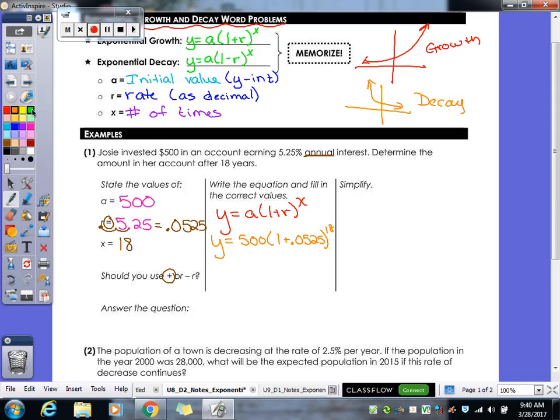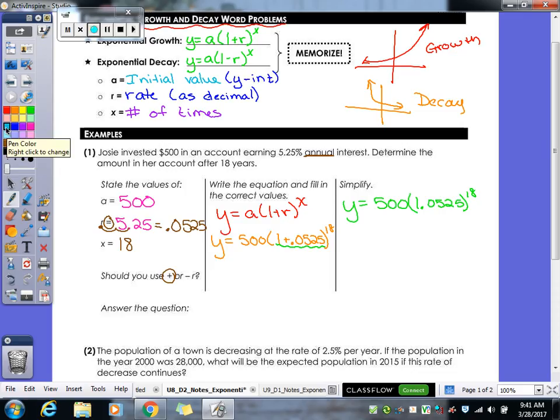So what I want you guys to do first, and I will explain as we go as to why, is combine these two things in your parentheses first. So 1 plus the 0.0525, what does that give us? 1.0525 to the 18th power.